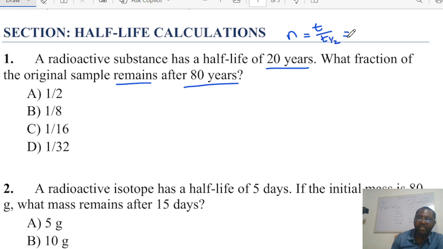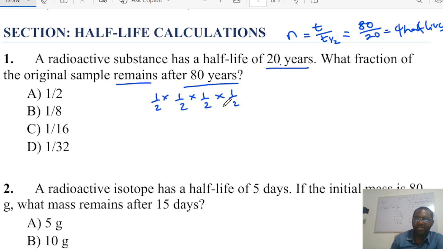In this case, the time is 80 and our half-life is 20. That means we have 4 half-lives. So 4 half-lives means the first half-life, the second, the third, and the fourth. So that's how you find the fraction.